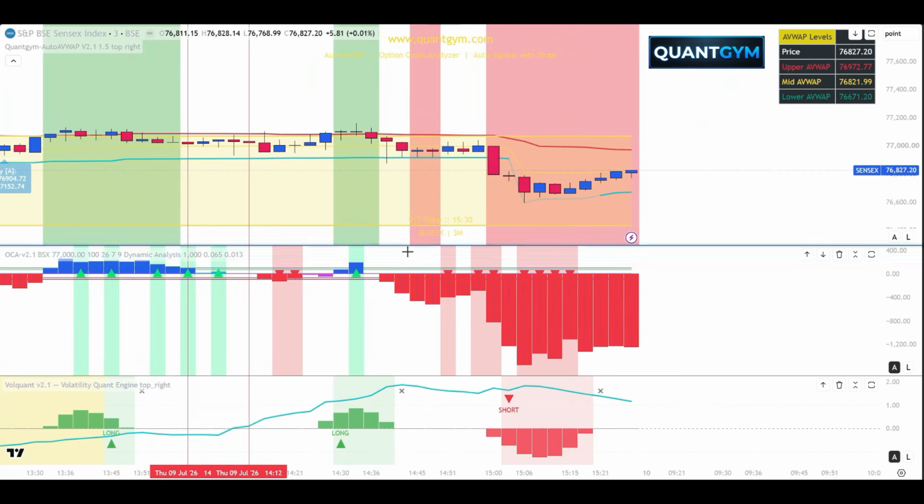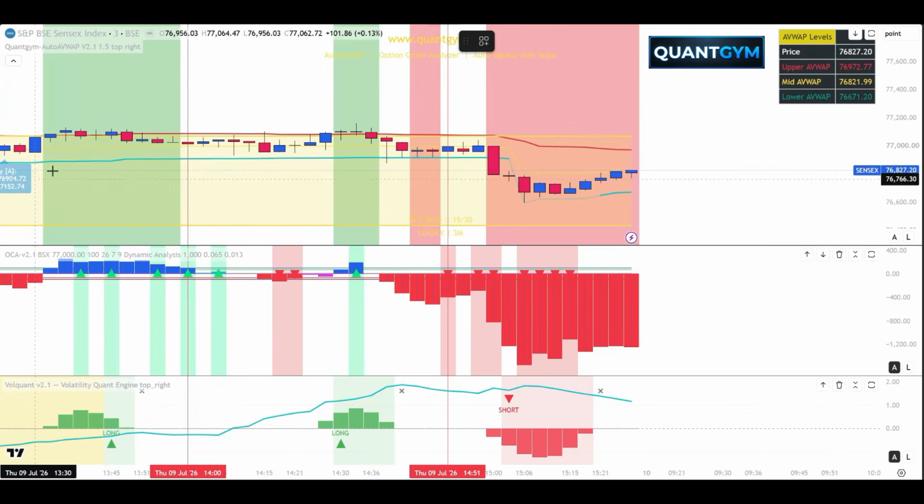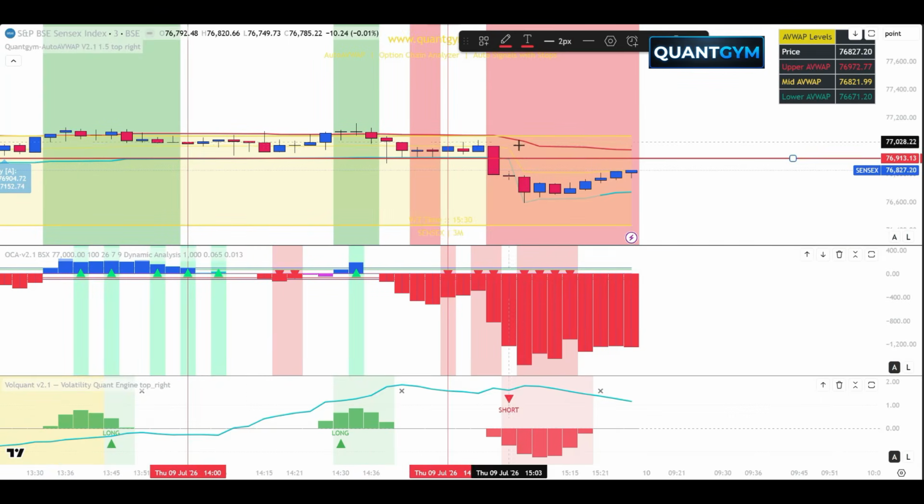Next we come on. This was a gamma burst, this particular bar. But again, vol is screaming that we are going up, but no signal either from Volquant or from my AVWAP. So the AVWAP actually gets broken on this bar.